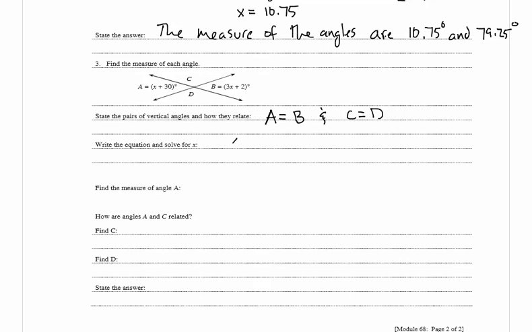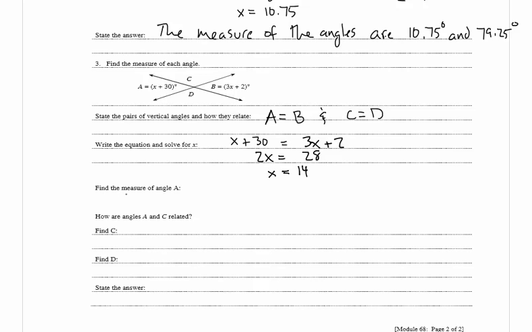So we have x plus 30 is equal to 3x plus 2. And now I'm going to subtract 2 from both sides and subtract x from both sides, and I get 2x is equal to 28. And now I'm going to divide both sides by 2, so x is equal to 14.